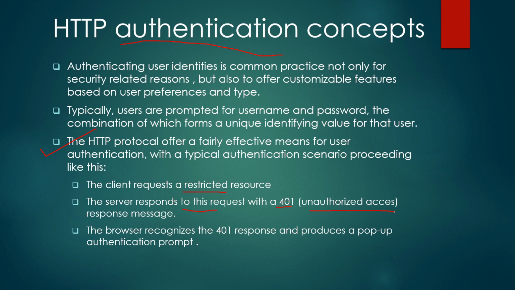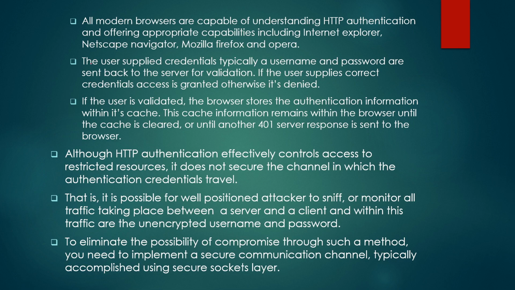This number basically says that this is an unauthorized access response message. The browser recognizes this response and produces a pop-up, so that the user can enter their credentials, that is, the username and password for authentication. Now, all modern browsers are capable of understanding HTTP authentication.